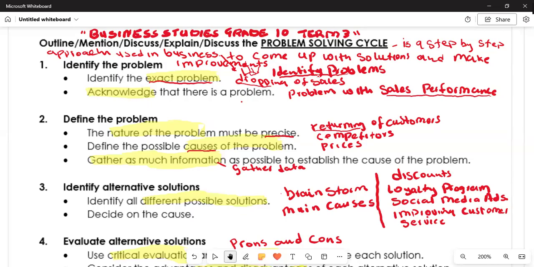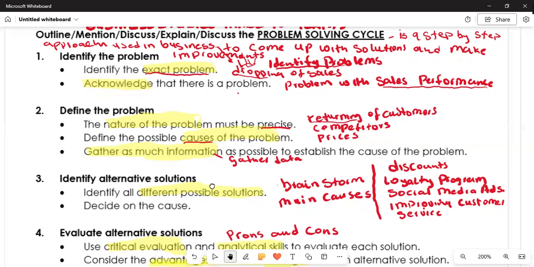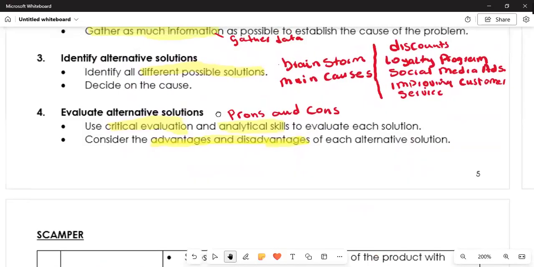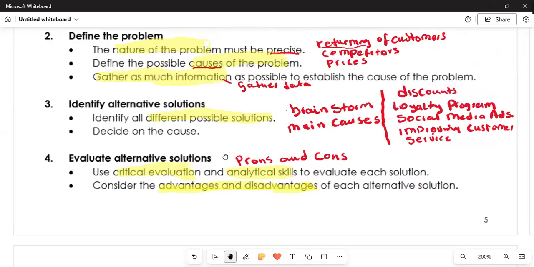So now we are moving on to the fourth step, where we are told to evaluate alternative solutions. Use critical evaluation and analytical skills to evaluate each solution, meaning we have to analyze the pros and cons of each solution.